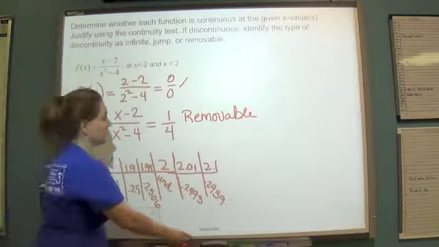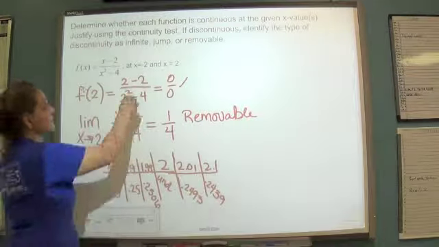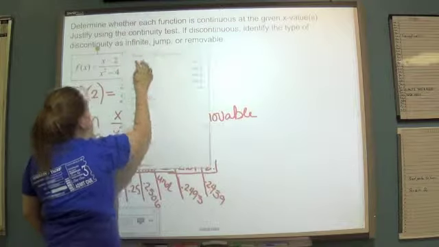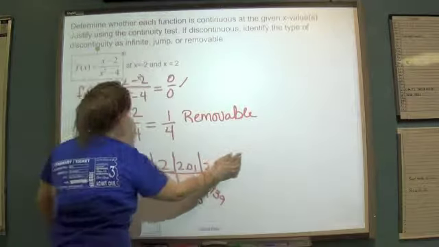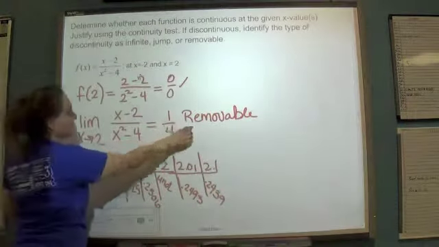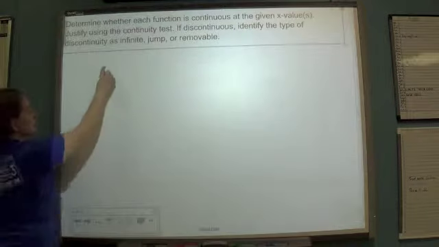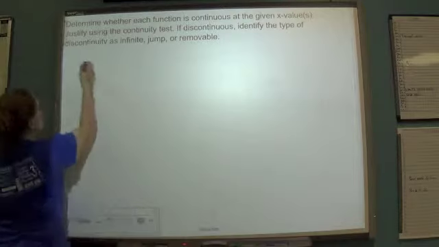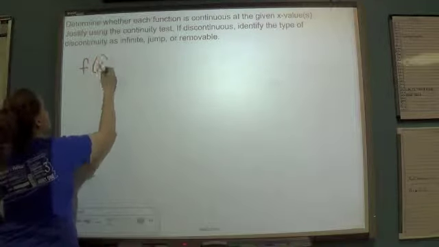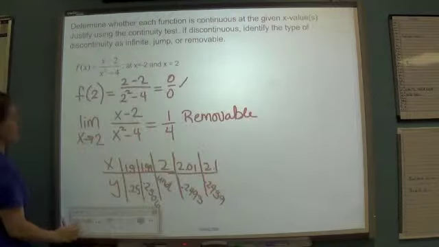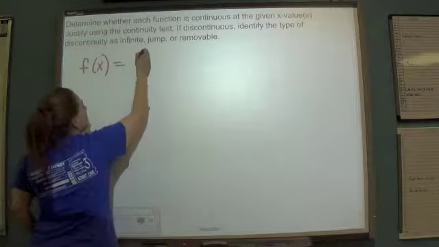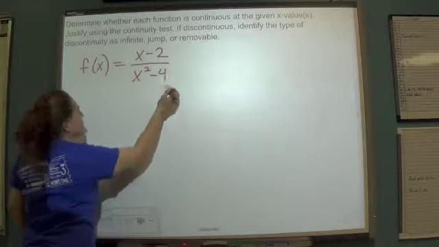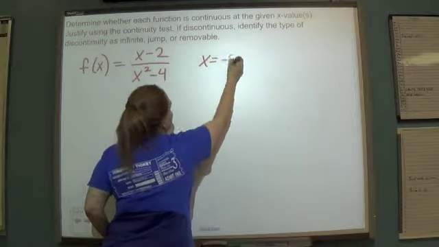So now we're going to try it with negative 2. Same problem, but at negative 2. So at 2, it's removable. We have f of x equals x minus 2 over x squared minus 4, and this time x equals negative 2.